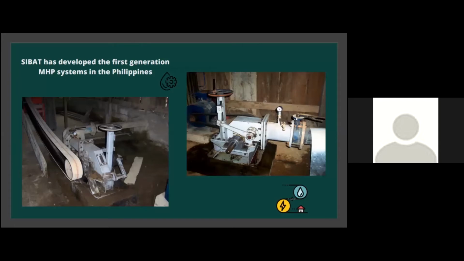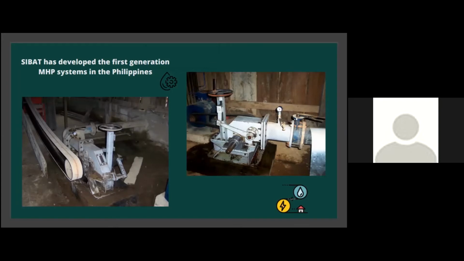The Renewable Energy Program was discussed and planned out by the SIBAT network as early as 1994, and implementation went full blast in 1997. The SIBAT staff were then sent abroad to Nepal and Sri Lanka to train and study the fabrication of MHP systems. Then SIBAT developed its first generation of MHP system.